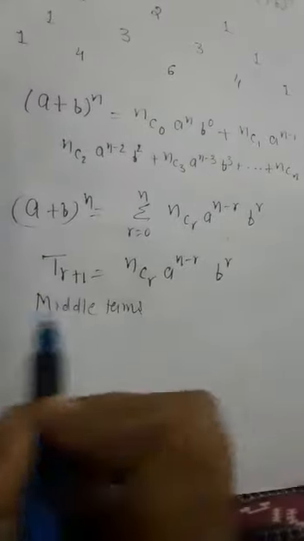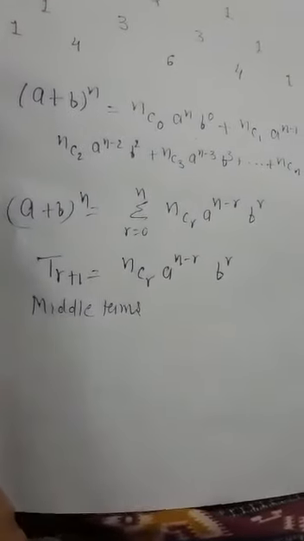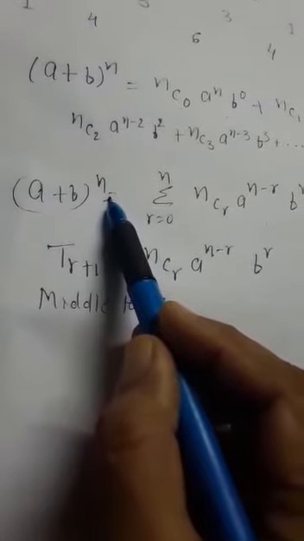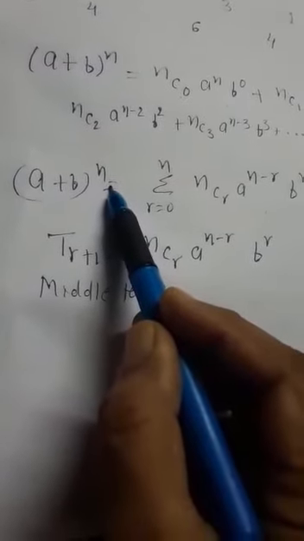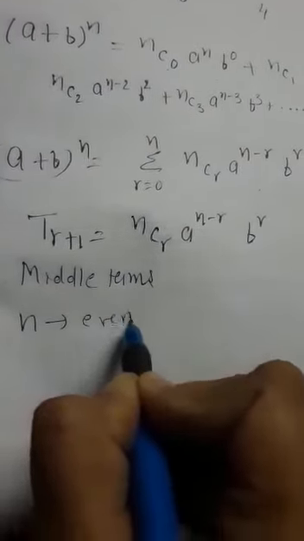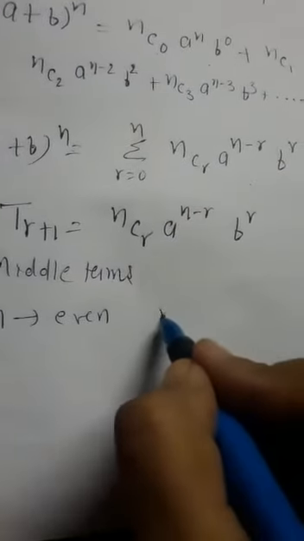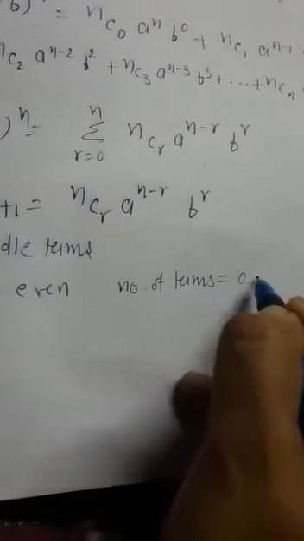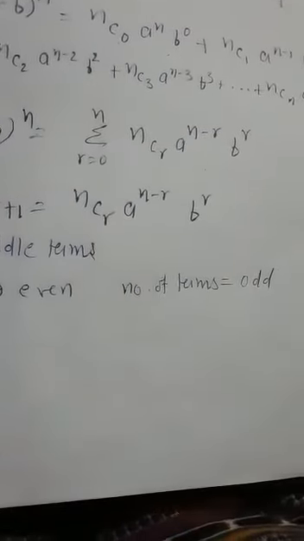Now we learn about the middle terms in the expansion of a binomial expansion. Here we know that when we are expanding a plus b whole raised to power n, the total number of terms is n plus 1. So if n is even, the total number of terms in the expansion is going to be odd, that is n plus 1.